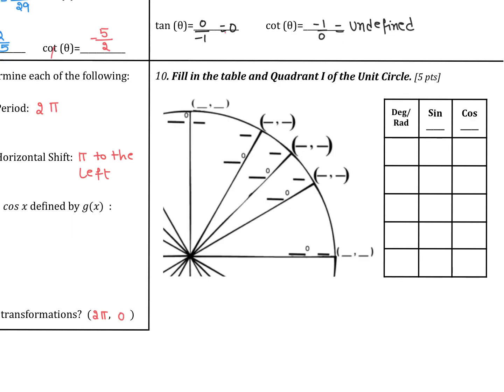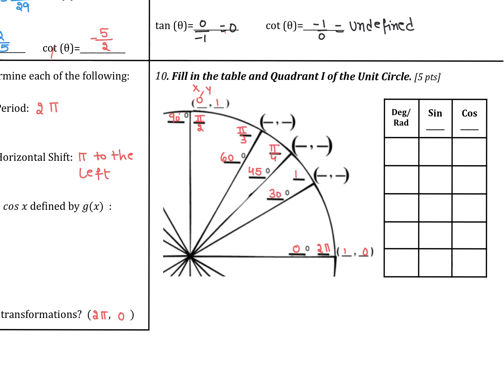So for number 10, they're all given. If you're talking about 90 degrees, this one is 90 degrees, or pi over 2, and that is 0 comma 1, or x comma y. The next one is 60 degrees or pi over 3. This one is 45 degrees or pi over 4.